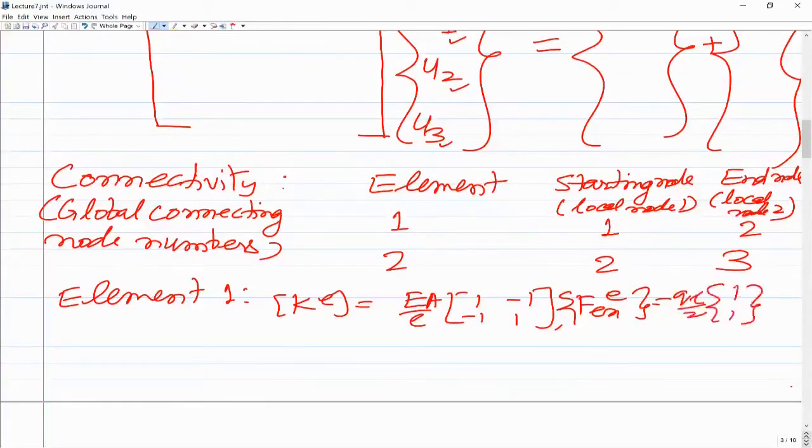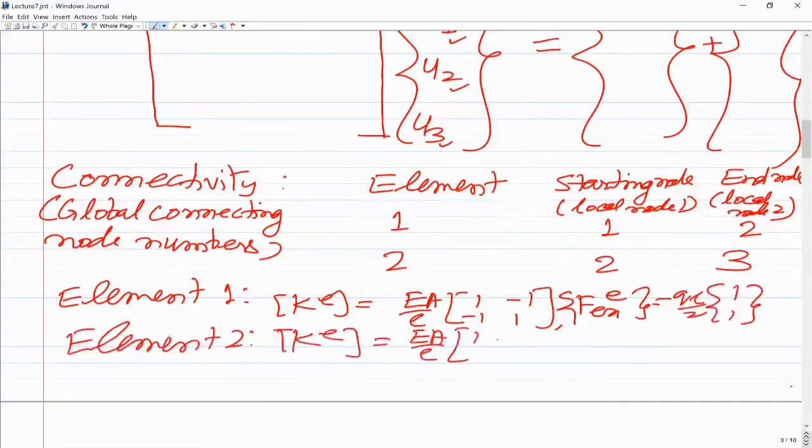So this is for element 1. Similarly for element 2, because we are taking the element length as the same, ke is going to be EA by L times [1, -1; -1, 1], a 2 by 2 matrix, and the external force is qL by 2, with 1 and 1, as q is the same. So these are the element level governing equations.